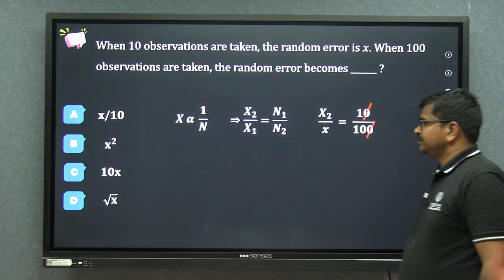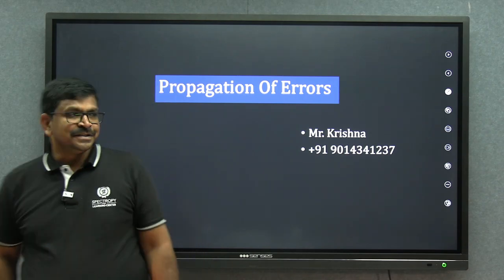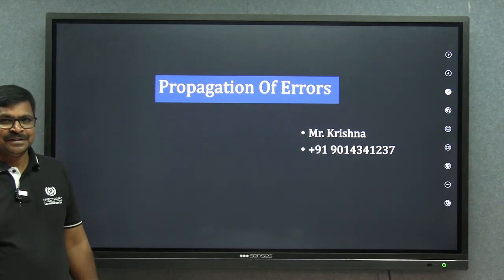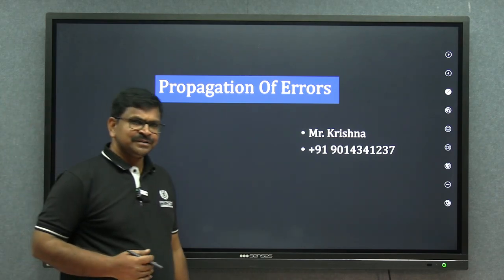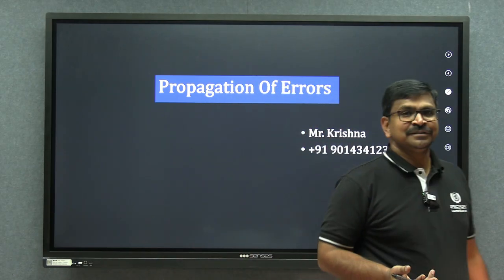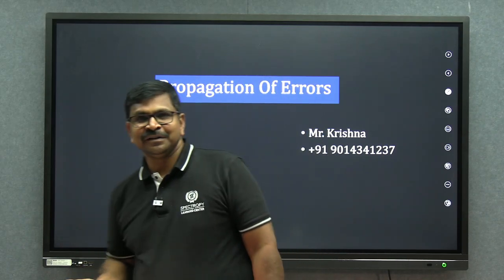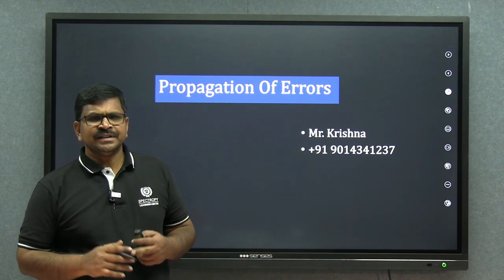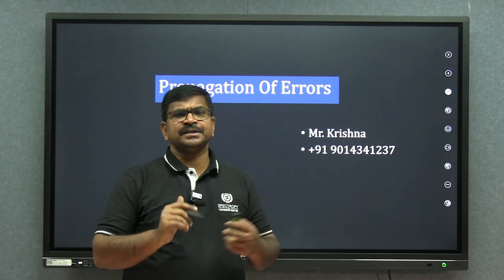Okay. Now, next, propagation of errors. This is the final area of error analysis. Propagation means what? Suppose two quantities are measured, and there is some error. When those two quantities are added, subtracted, multiplied, divided, or any other operation is done, what will happen to the individual errors?